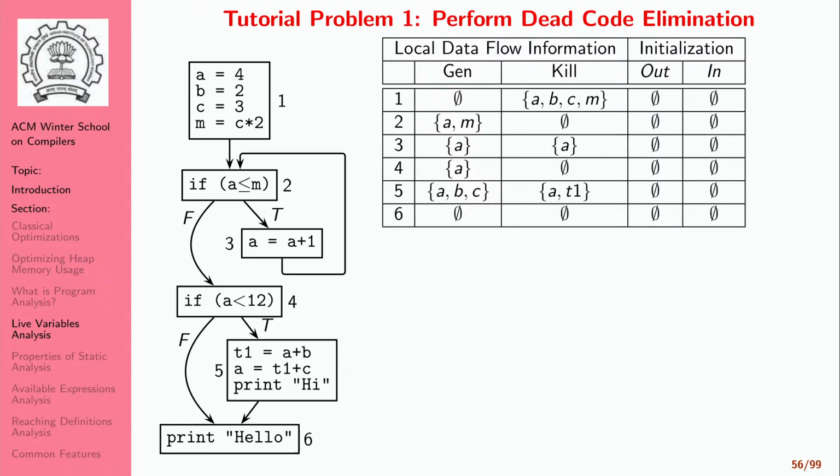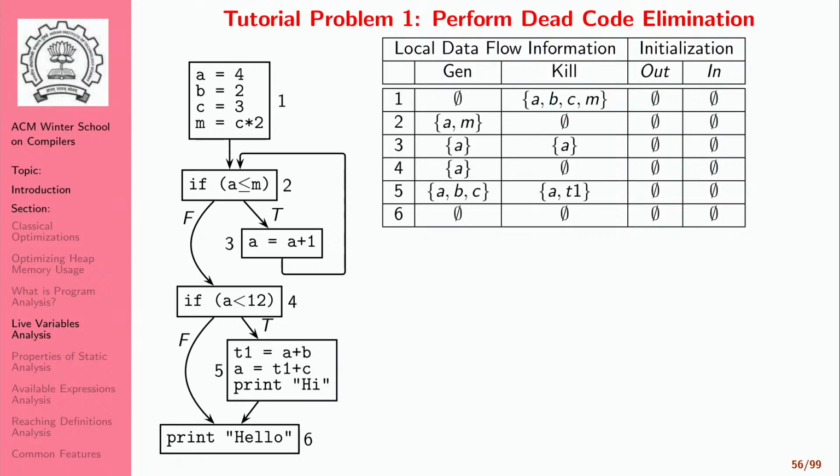No, but we're doing the first iteration. We have to do iteration by iteration. Don't write the final solution. You have to just give me what is there in the first iteration. First time you visit node 3, do you know that A is live at the out of 3? You don't, because you have not visited 2 yet, right?